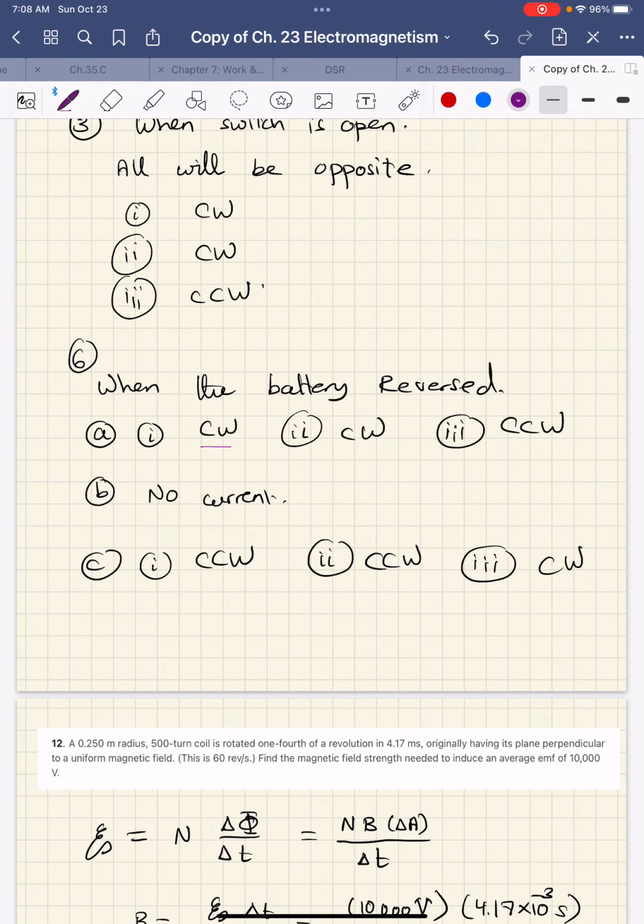Again, we're going to have clockwise, clockwise, counterclockwise, and no current, of course, since it has been closed for a while. And then for the last part, it is going to switch from clockwise to counterclockwise.